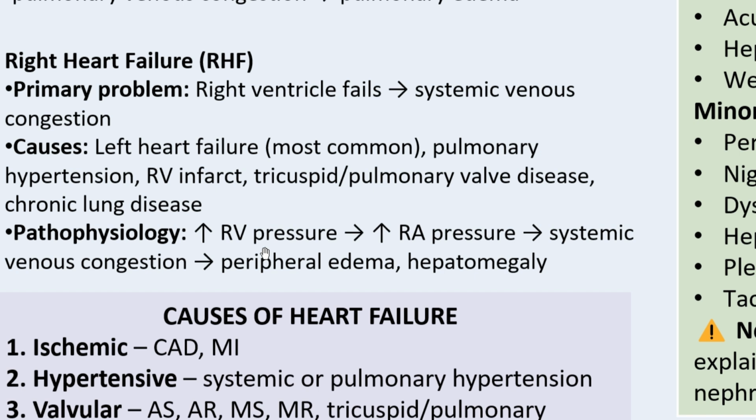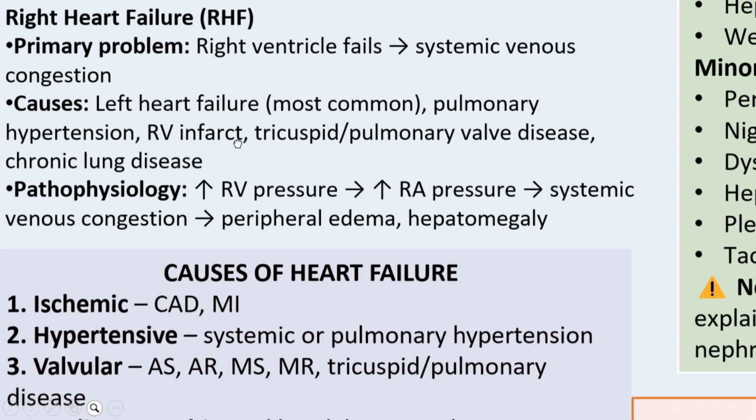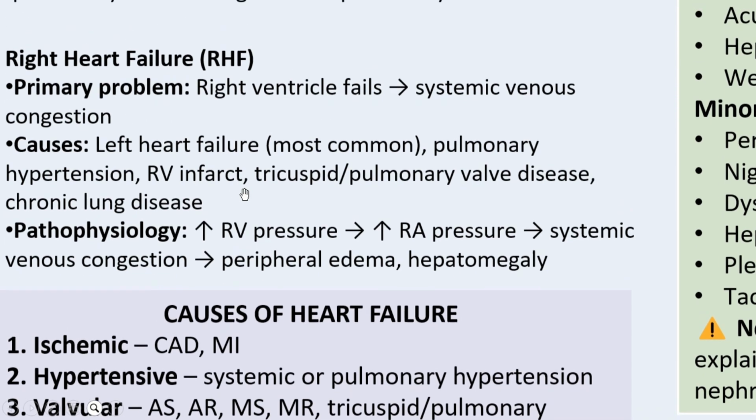And what is going to happen is that the right heart mostly receives blood from the rest of the body, so there's going to be systemic venous congestion, because the pressure in the right atrium or the right ventricle is high. So the pressure is going to increase backwards, and it's going to cause that congestion in the systemic system. And that is why you get features like edema, features of hepatomegaly, and so on.